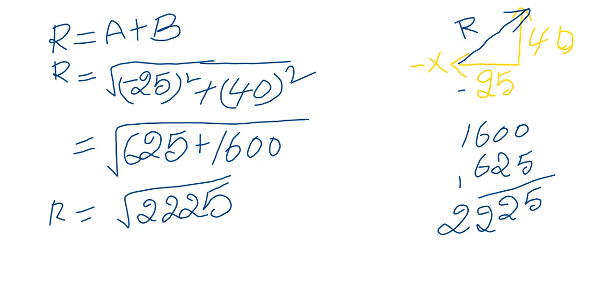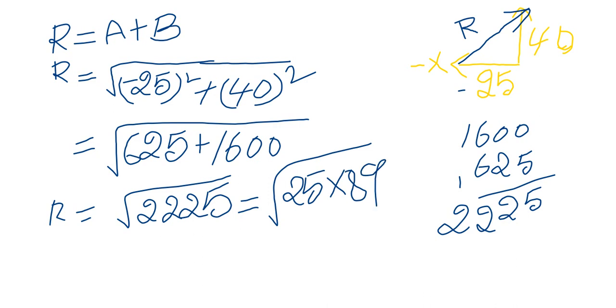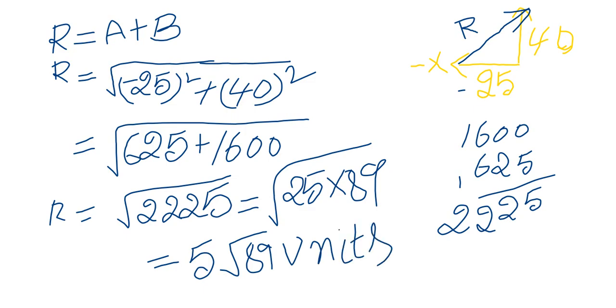This can be written as root of 25 into 89. Root 25 is 5, so 5 root 89. So the magnitude of the vector is 5 root 89.